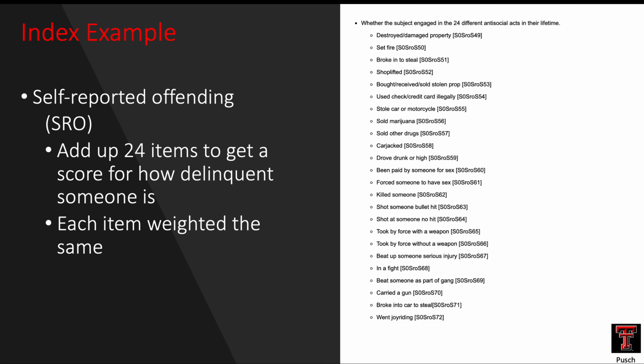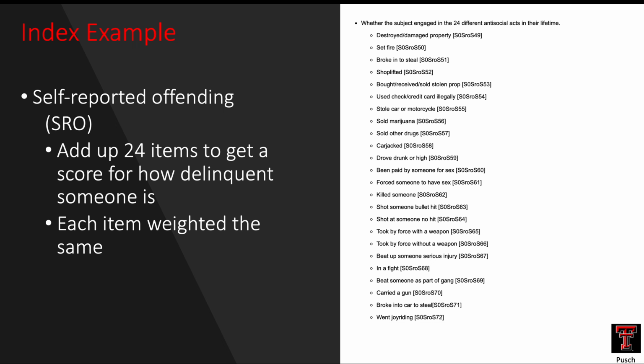Some of the things are less serious, such as shoplifting, maybe sold marijuana. Those are things that a lot of kids do. But some of these things, killed somebody, forced someone to have sex, shot at somebody, are very, very serious crimes that not a lot of people would have done.